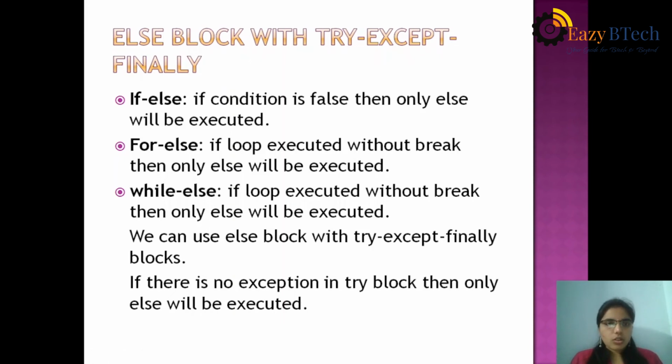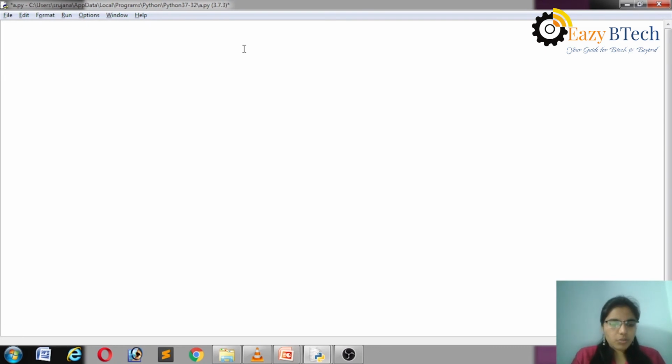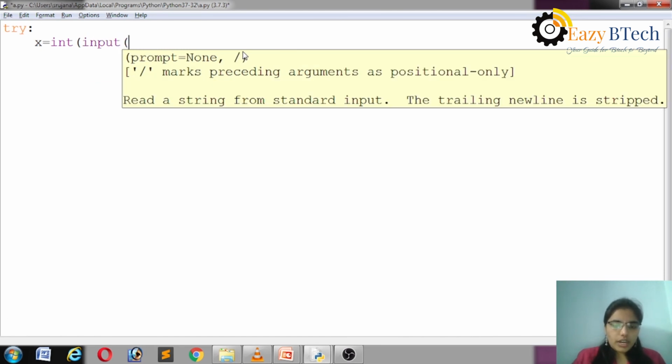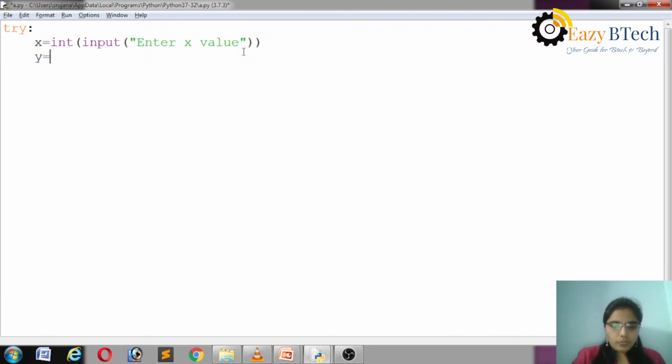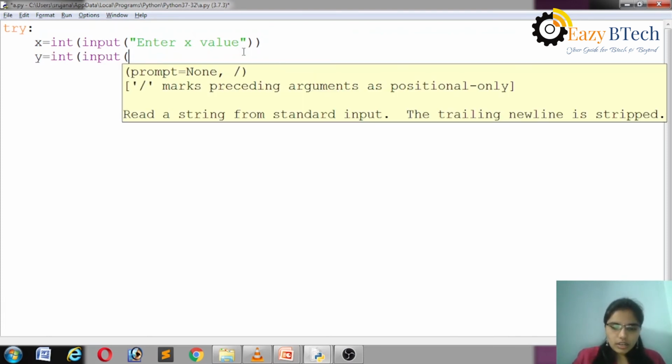Finally, I will show an example program for try except. In the try block: x is equal to int of input, enter x value. y is equal to int of input, enter y value.